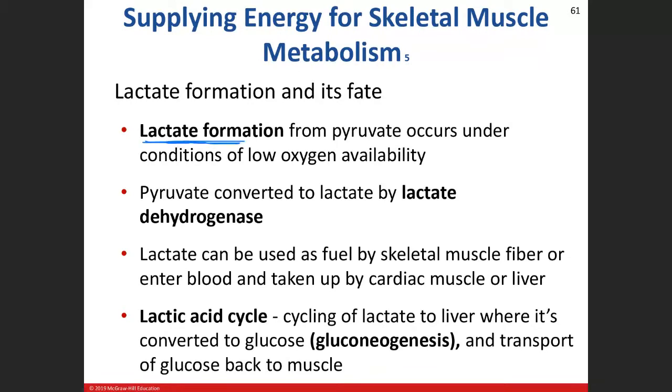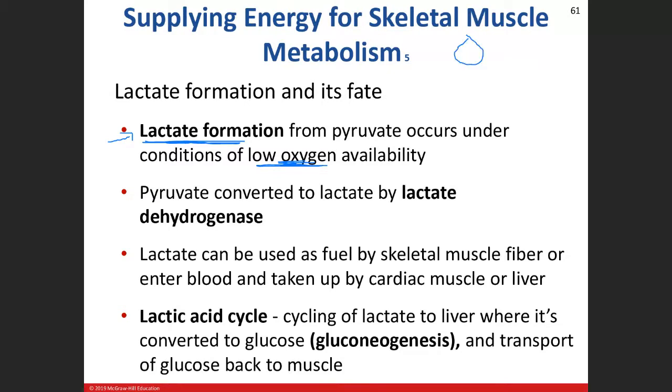Well, guess what? In some situations, if you don't engage in aerobic cellular respiration, if there's no oxygen, you are going to start to accumulate lactate. So if we have very low or no oxygen, pyruvate can get turned into lactate.